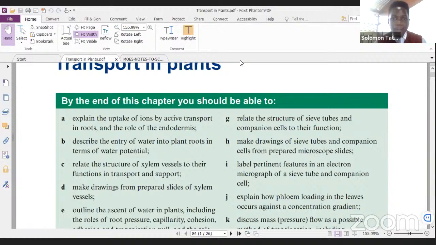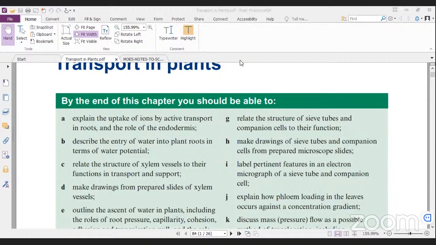Who knows? We're looking at transport in plants, but what are we transporting? Water. Yes, Patricia?